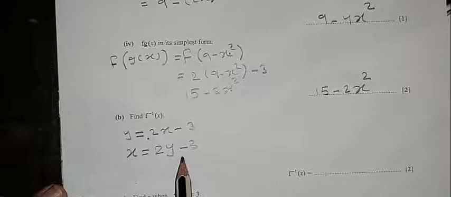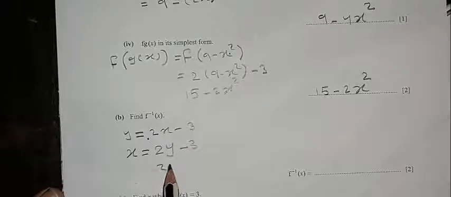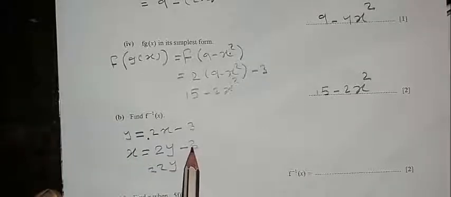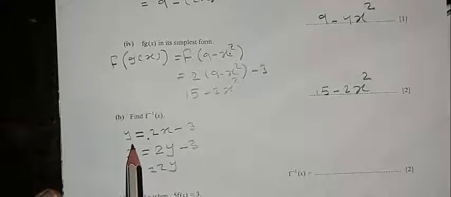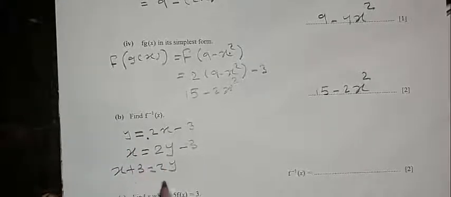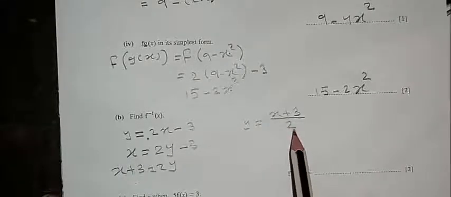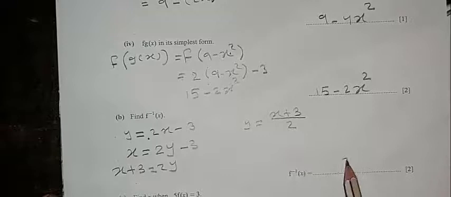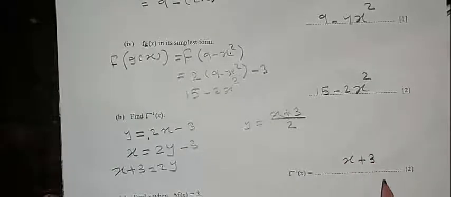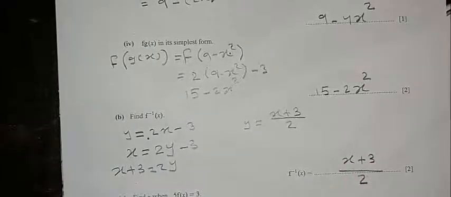Now keep 2y on the right, and here you have x. Move the minus 3 to the left-hand side as positive 3, so x plus 3, then divide by 2 to cancel this 2. So y equals (x plus 3) all divided by 2, and this is the final answer: x plus 3 all over 2.